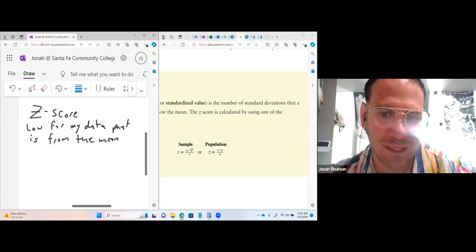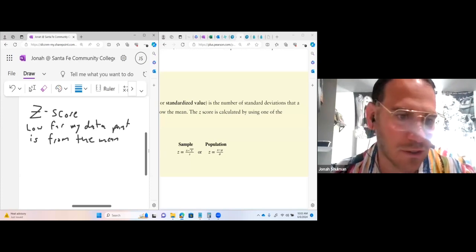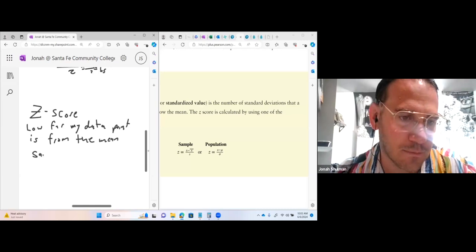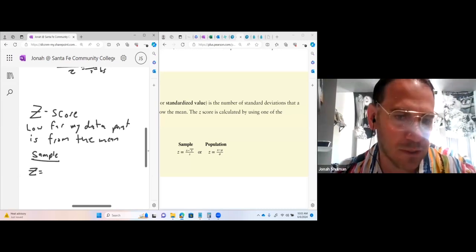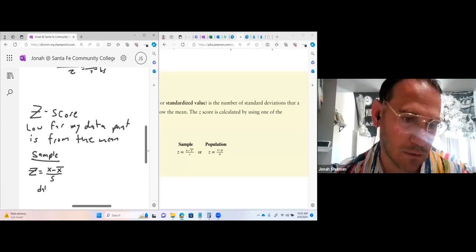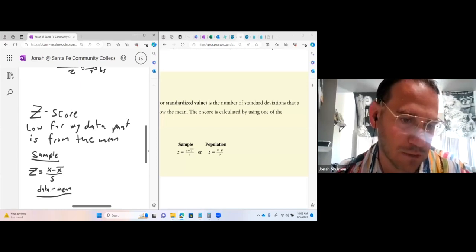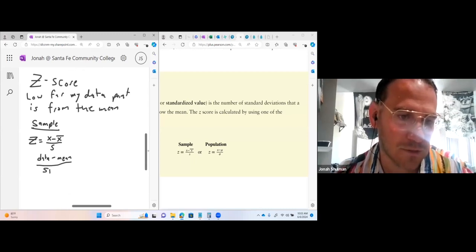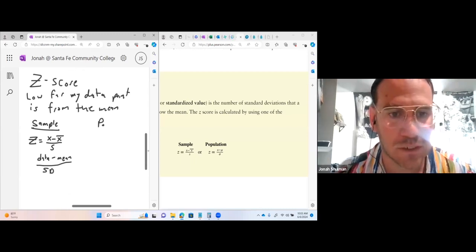All right, so if it's a sample, notice it's the same letter. If we've got a sample, your z-score is going to be the difference from the mean, so x minus x bar over your standard deviation. That's what this means: your data point minus the mean over your SD. And if you've got the population, it's the same thing.